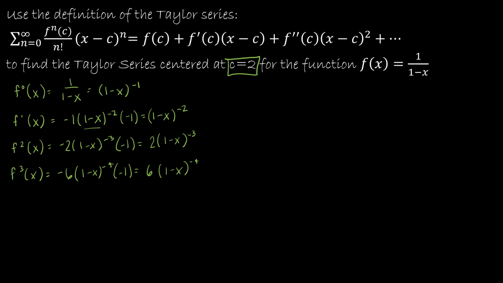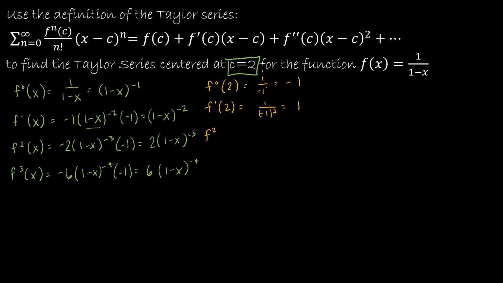Now, if I'm going to find each of those values at 2, the first value would be 1 minus 2, so negative 1 to the negative first, or 1 over negative 1 to the first, which is negative 1. The first derivative at 2 would be 1 over negative 1 squared, which would be 1 over positive 1, or 1.